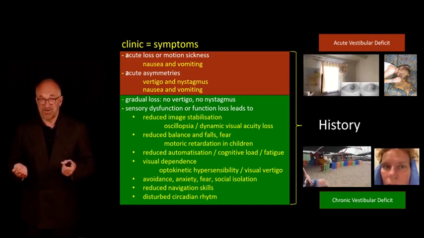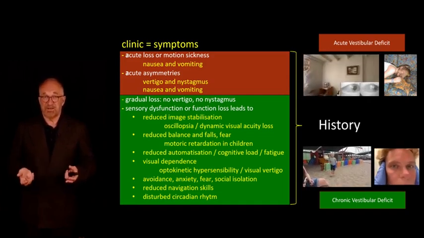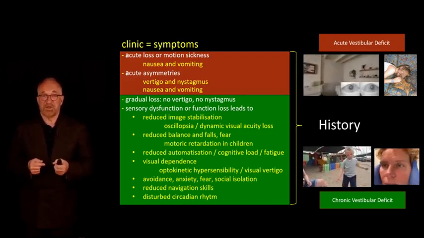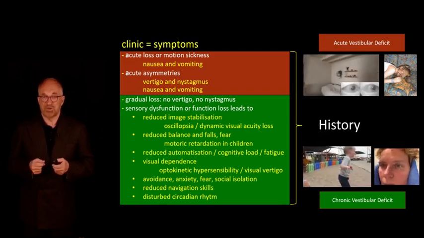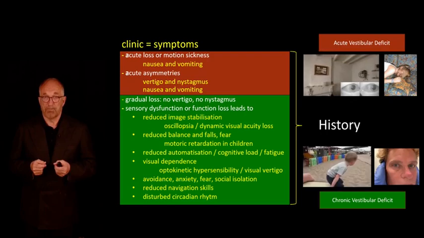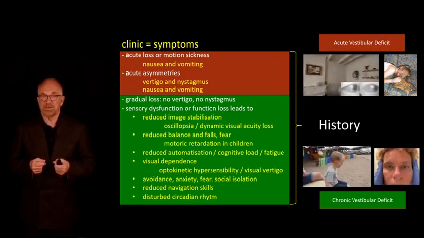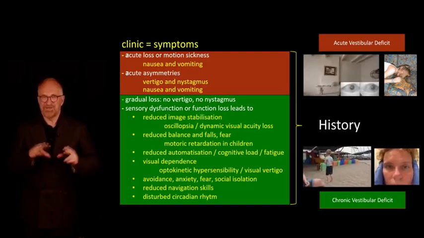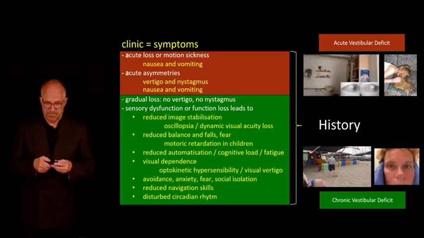You get tired, you become visually dependent, and you try to avoid all these situations. So social isolation is a common problem. Reduced navigation skills and even a disturbed circadian rhythm. So many issues are playing a role here.